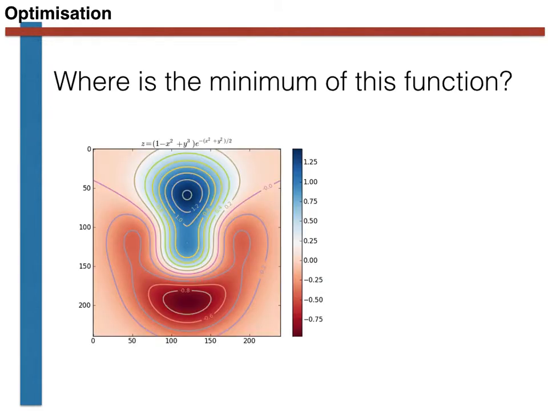Let's start by considering the function with two arguments shown in the contour plot here. Pause the video for a moment and identify the minimum in this function for yourself. Hopefully you were able to work out that the minimum for this function is here. Now let's use the algebraic symbol f of x and y for this function.